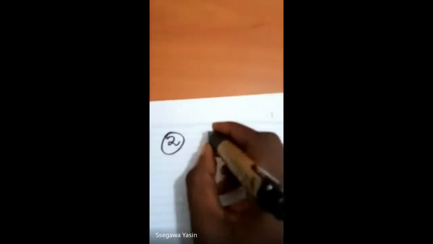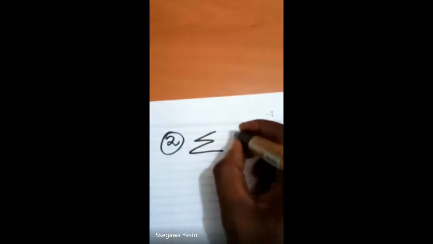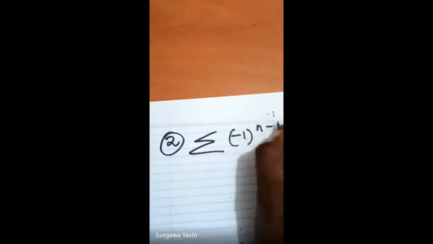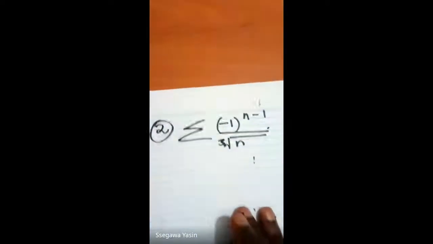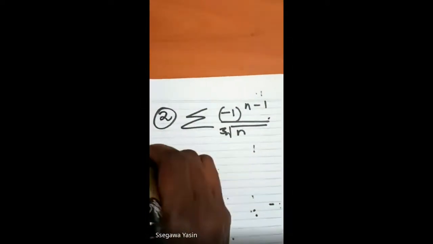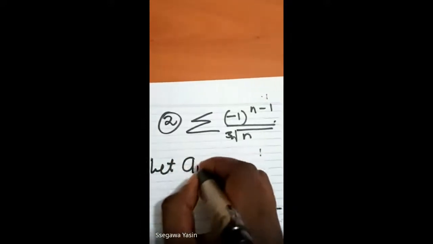Yes, please. Do you mind repeating this expression from this part where you were explaining the n plus 1 minus 2? I've said the question, which is number 2, is like this: sum of (-1)^(n-1) over the cube root of n. We have said you pick, let a_k equal to what?